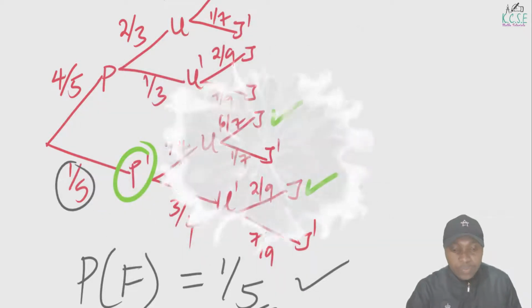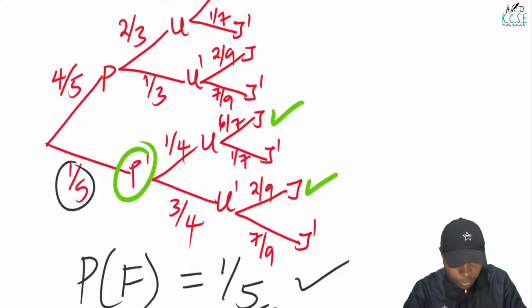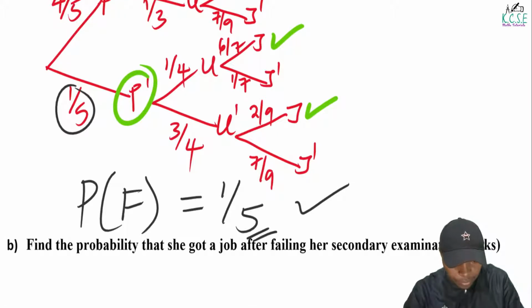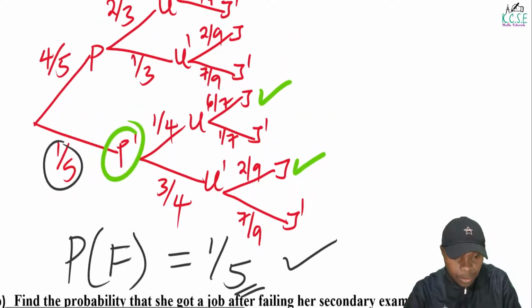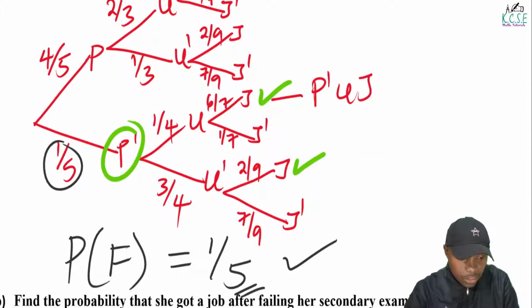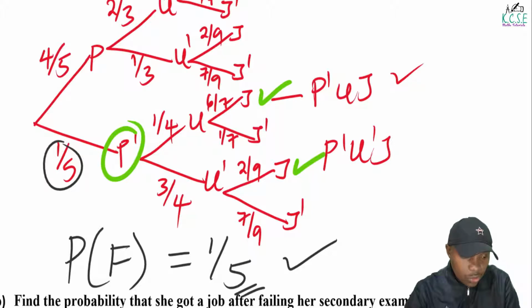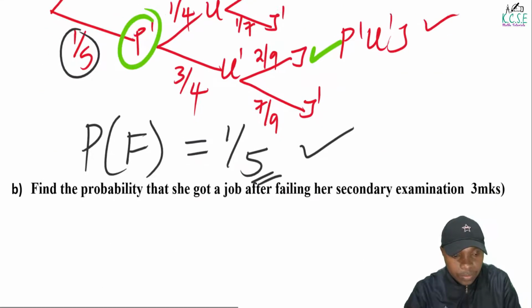Those are the two. If you pick the whole of this branch, it will be failing, then joining the university, getting a job, or failing the secondary examination, failing to join the university, and getting a job. So these are the two that we need to take.